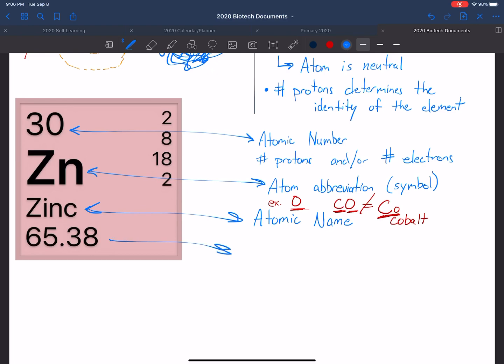Last item here is our atomic mass. Now, the mass number, I'm going to create a simple equation here. The mass of an atom is equal to your protons plus your neutrons.